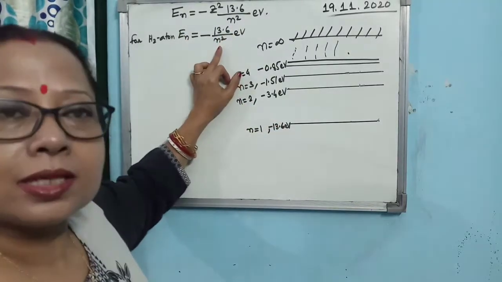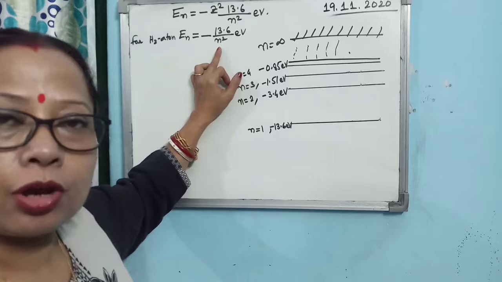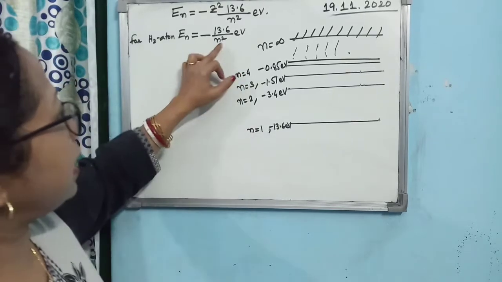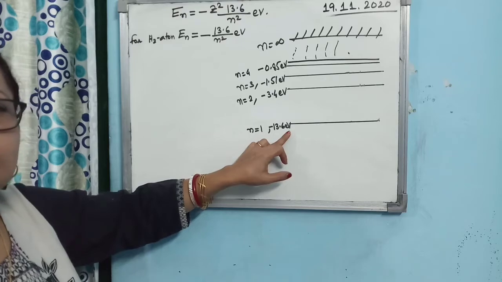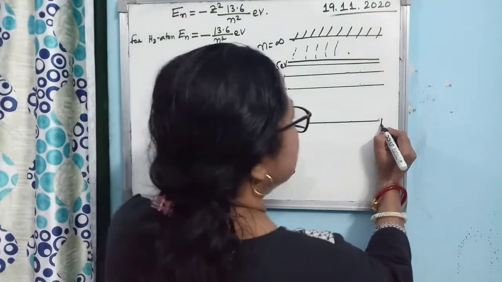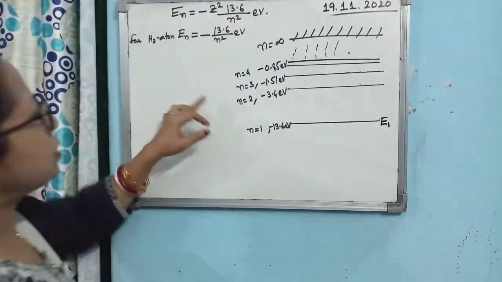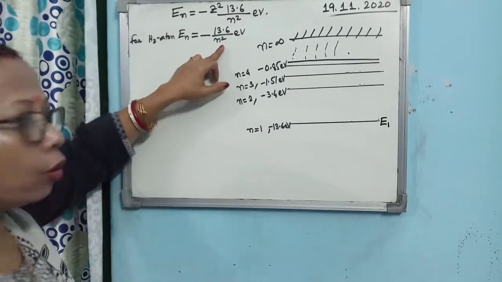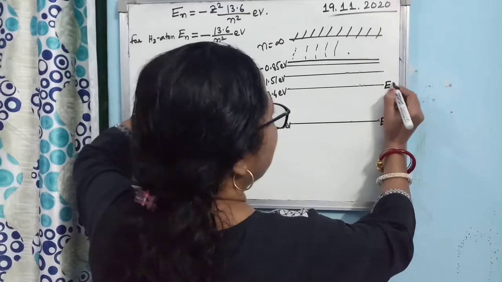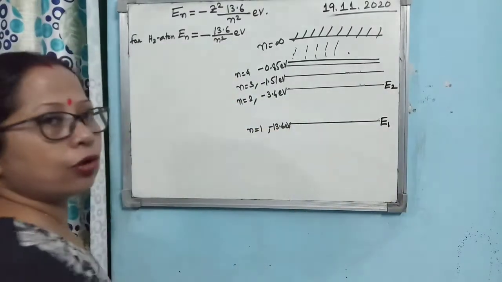What is the lowest value of n? The lowest value of n is 1, and when n is equal to 1, E1 is equal to minus 13.6 electron volt. Then when n is equal to 2, it will be 13.6 by 4, so the energy value is minus 3.4 electron volt.